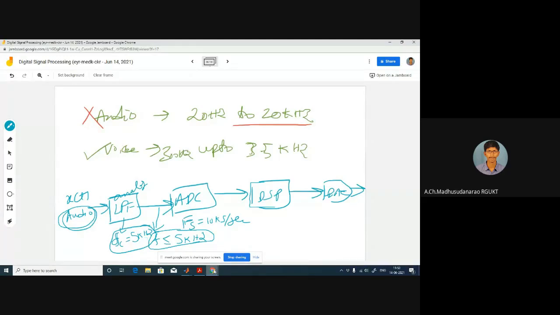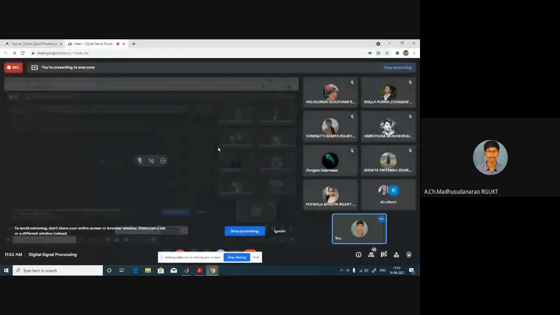I can process this. Is it okay, or do we have any issue? I'm simply removing frequency components which are above 5 kilohertz in that audio file. Then I'm going to process that file only. Is it okay, or are you missing any information in this?